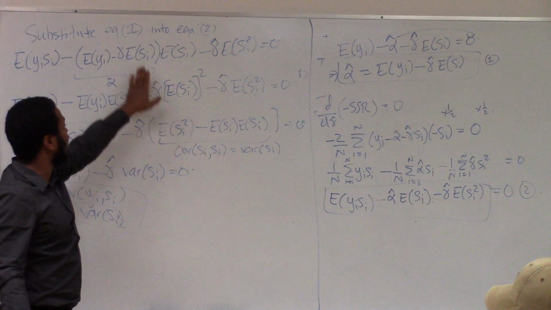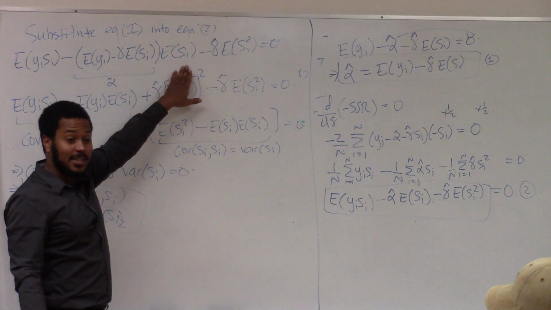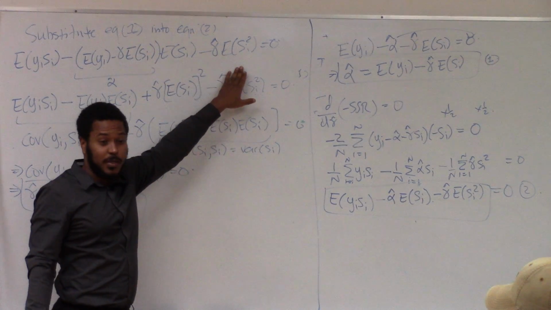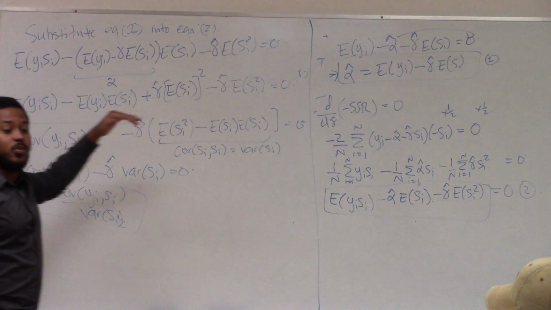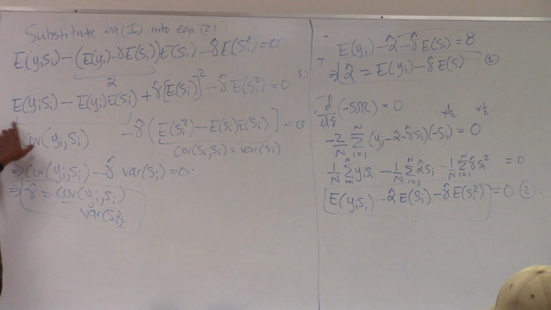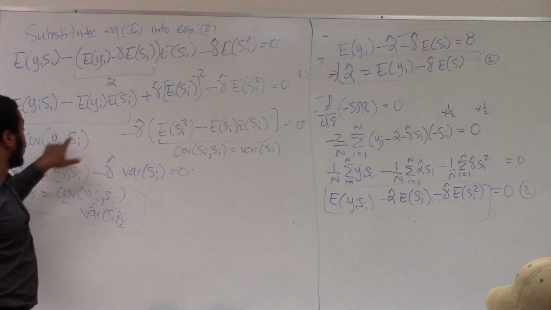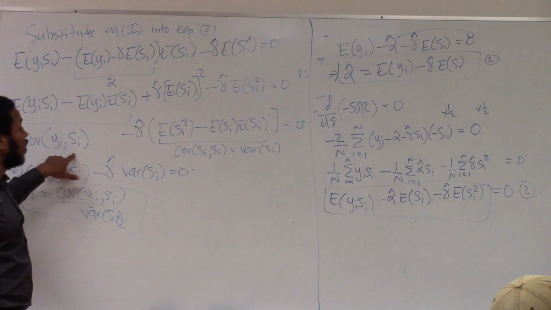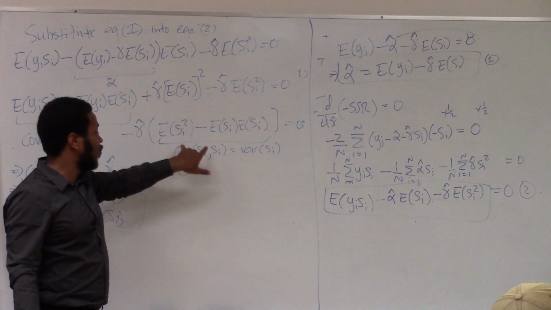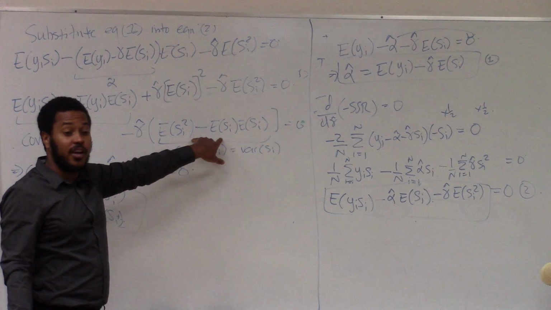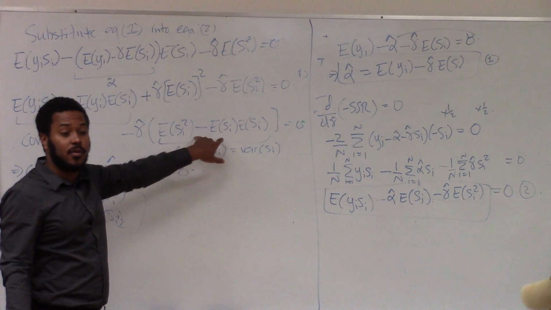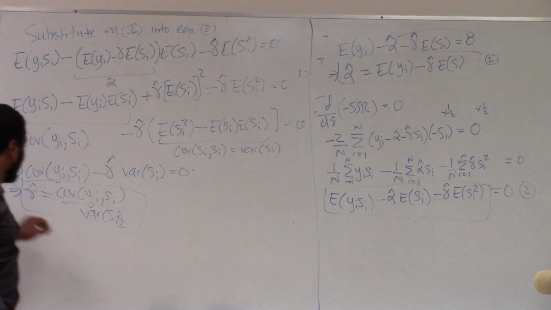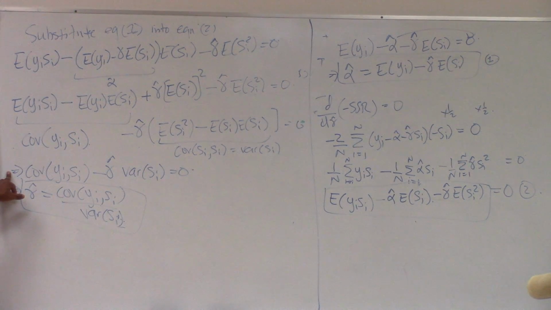And then the second term, we get the expected value of si multiplied by itself, minus this piece here. What we do next is we collect terms. This term is the same as the covariance between yi and si by definition. This term is by definition the variance of si. So that brings us down to this line.